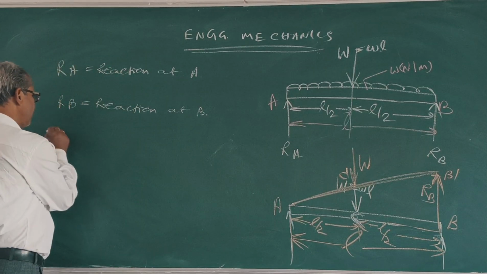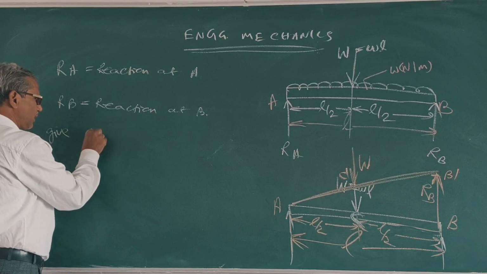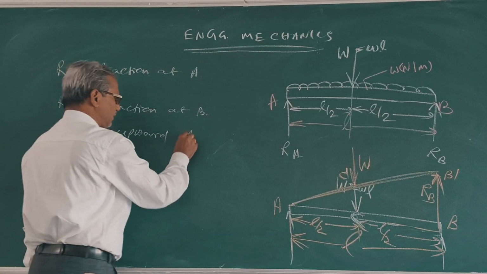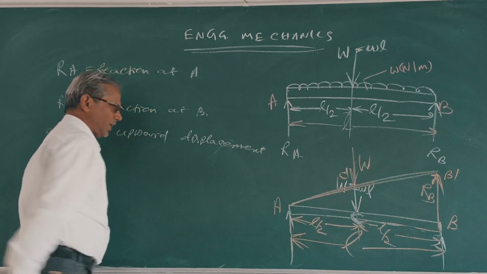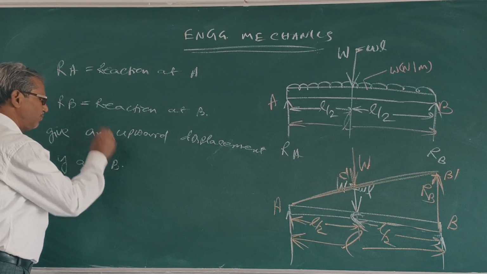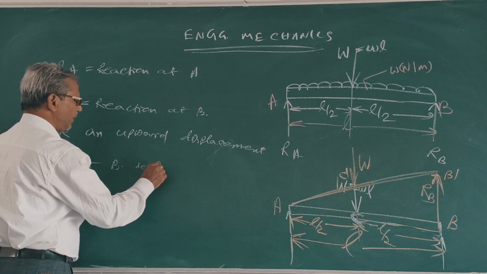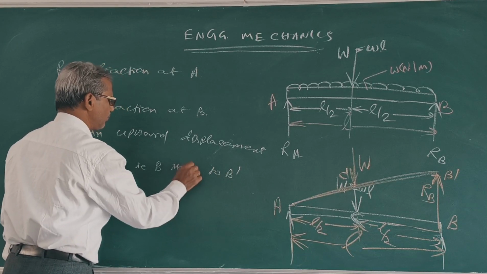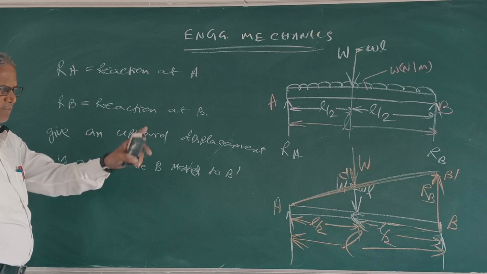Give an upward displacement, displacement y at B, y at B. Clear? That is B moves to B dash through distance y. That means RB moves from B to B dash.